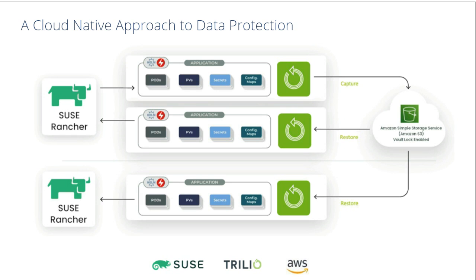Everything you need to recover your workload is stored safely on that AWS S3 bucket. So all you need is the target information, basically the credentials to access the AWS S3 bucket on the new cluster, and you're good to go to restore your applications for a BCM scenario, for example. And this is, I would call it, a rock-solid solution.